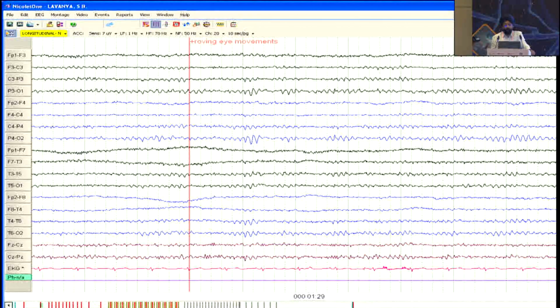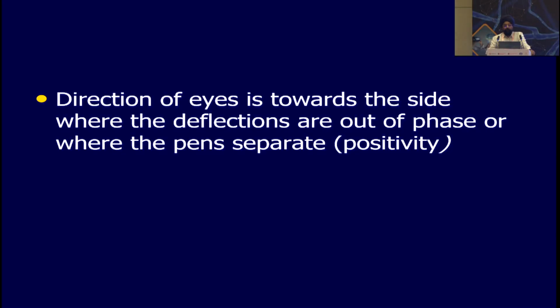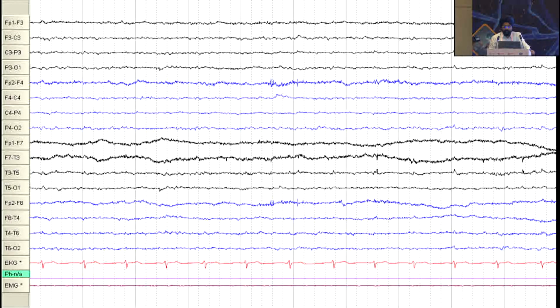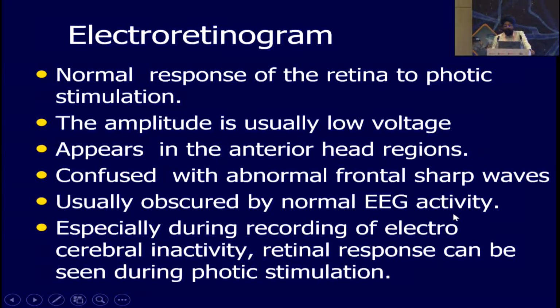It's very slow, not more than 1 hertz. The direction of the eyes is toward the side where the deflections are out of phase, or where the pens separate out. Similar finding in another EEG, with slow roaming movements occurring on the left and the right side. We can see the pens going apart and here going together.